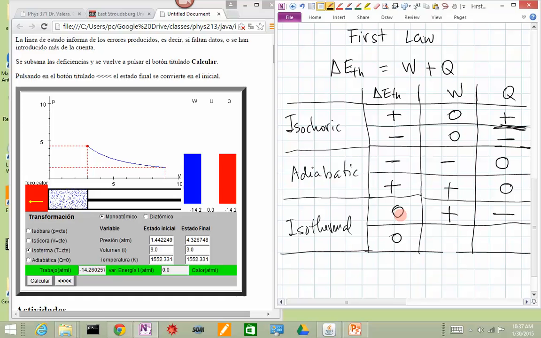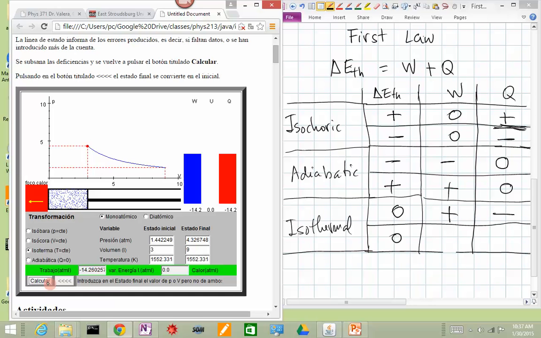And now we can look at the isothermal expansion. The isothermal expansion is the opposite process. Now the system expands, and we can calculate this. And then you can see, 3, 9.